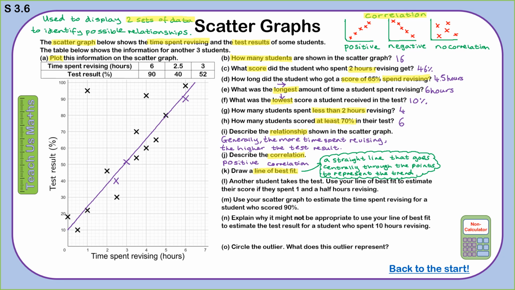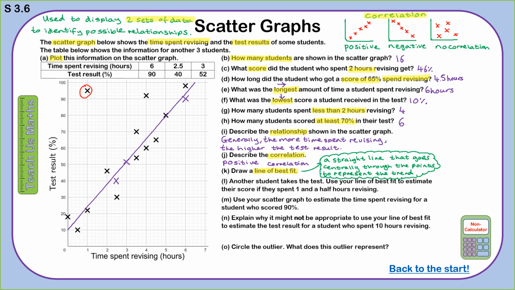Notice as well how there is a point that doesn't fit in with the rest of the data over here. We will look at this shortly, but I'm not letting that point be taken into account when drawing my line of best fit. As that point doesn't fit in with the rest of the data, I don't want it to cause bias in my line of best fit.